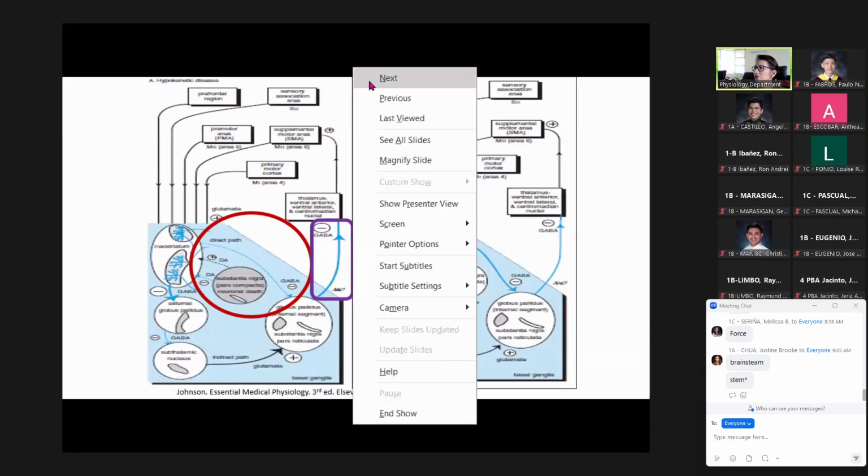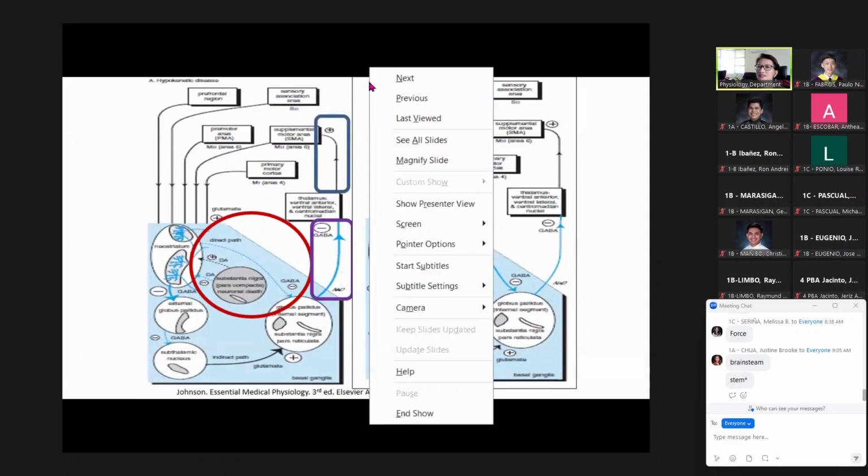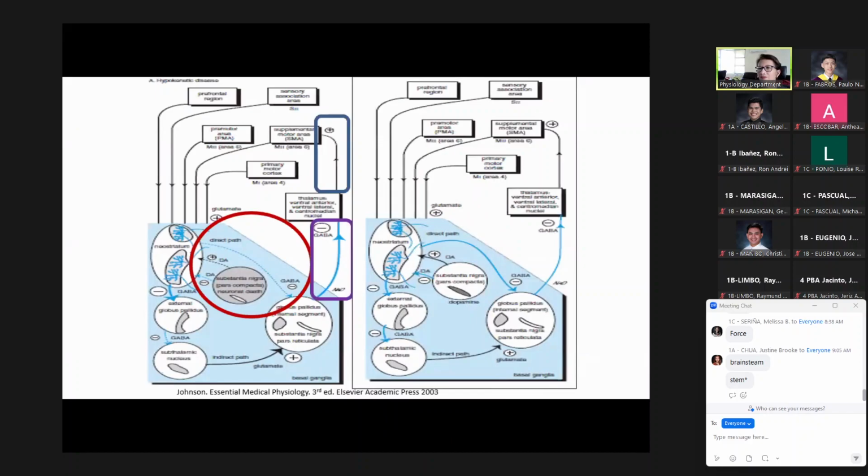So this is something to do with a hypokinetic disease known as, anong hypokinetic disease ang alam natin? Chatbox. Chatbox kasi nakakatulog na kayo. Hypokinetic disease. Ay, ba't walang sumasagot sa akin?